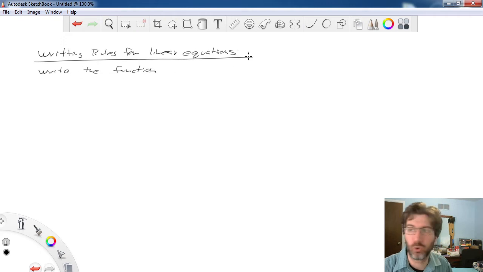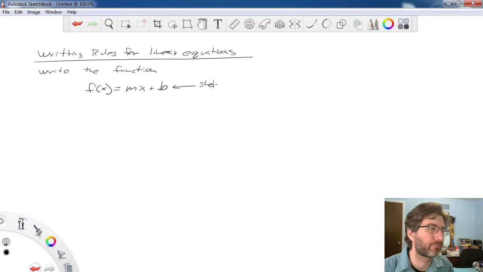So your rule should look like f of x equals something. And due to the fact that it's a linear equation, it's going to fit slope-intercept form, so it's going to equal mx plus b. So your rule should look like this.